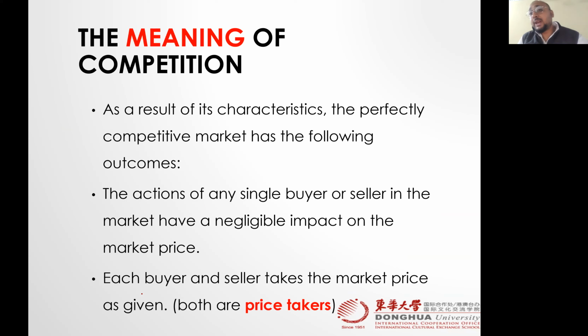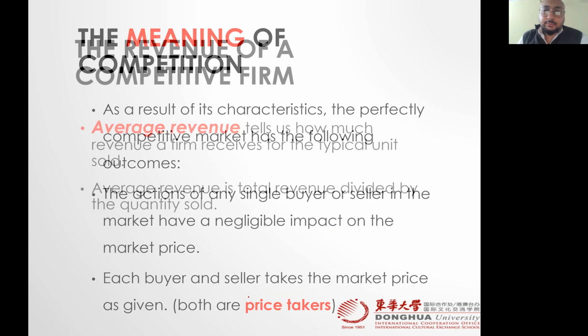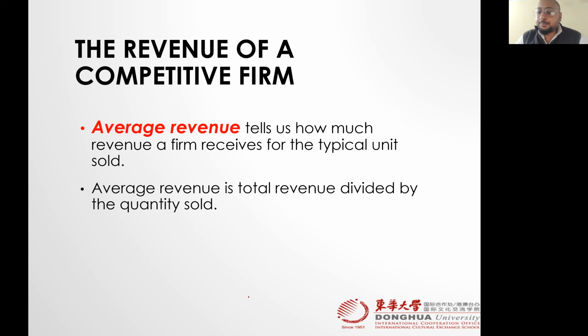When there are many firms, many suppliers and many buyers, each has a negligible impact on the market price, right? So both buyers and suppliers in competition are called price takers. And then we talked about the revenues and costs of the firm.